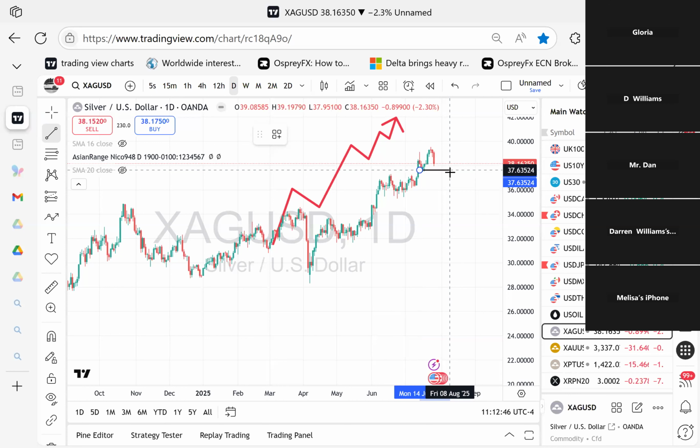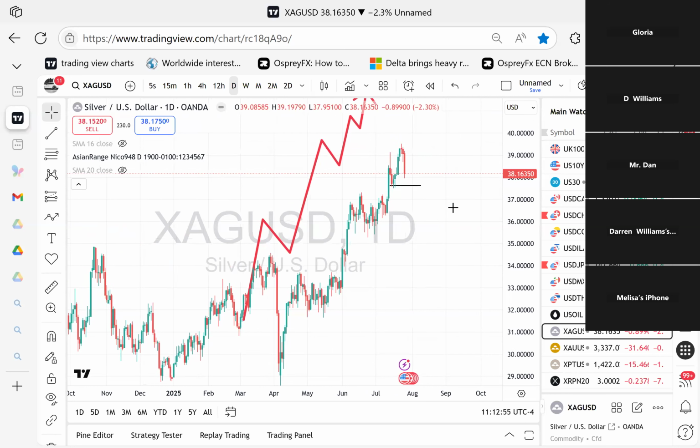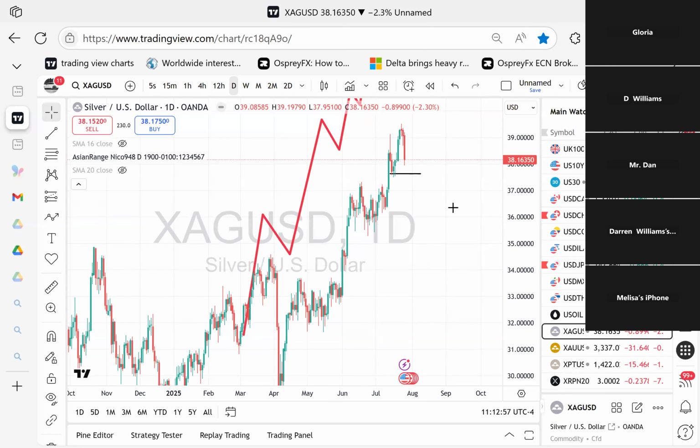Yes. That's a daily time frame, yeah. Who doesn't agree? It's the low before the high, the last low. We pulled back and we broke this high, so that would make this a swing low. So this is my daily swing low.